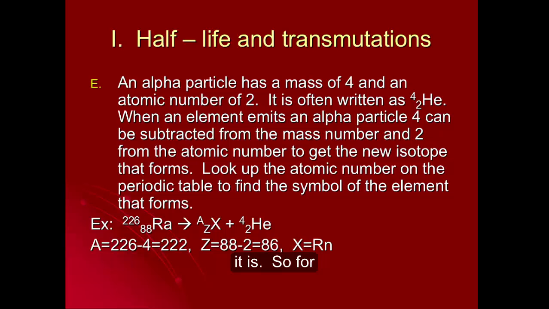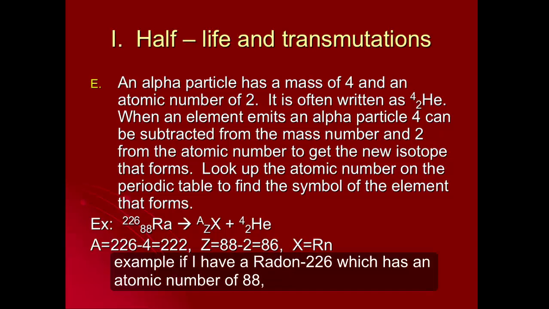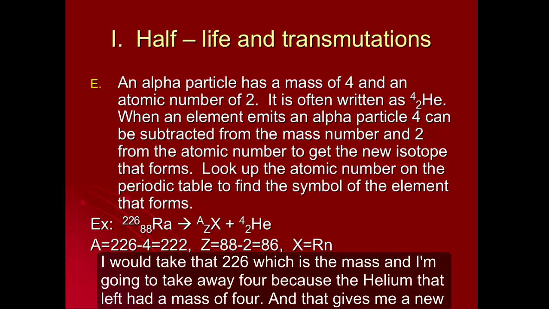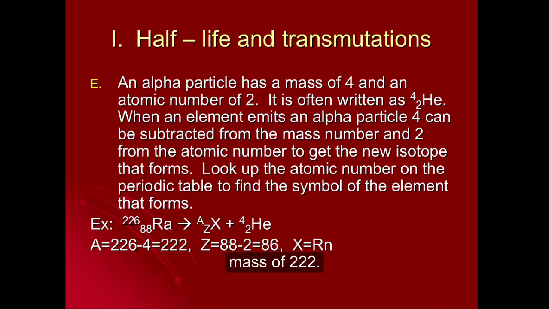So for example, if I have radon-226, which has the atomic number of 88, I would take that 226, which is the mass, and I'm going to take away 4 because the helium that left had a mass of 4. And that gives me a new mass of 222.